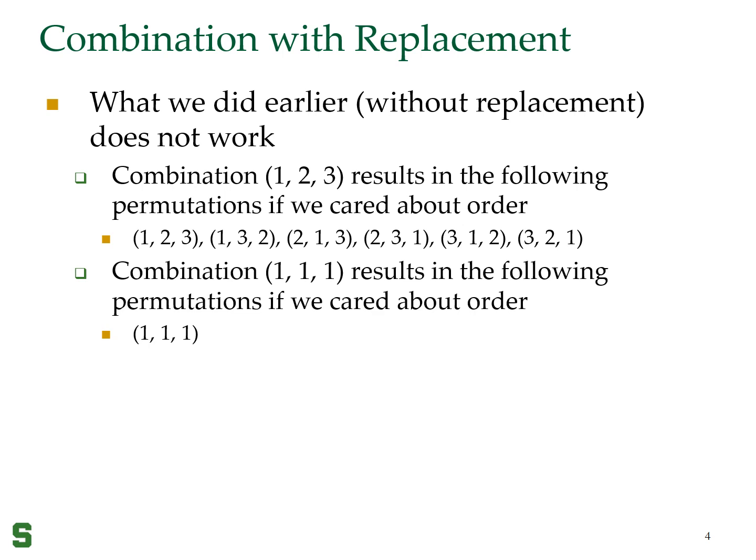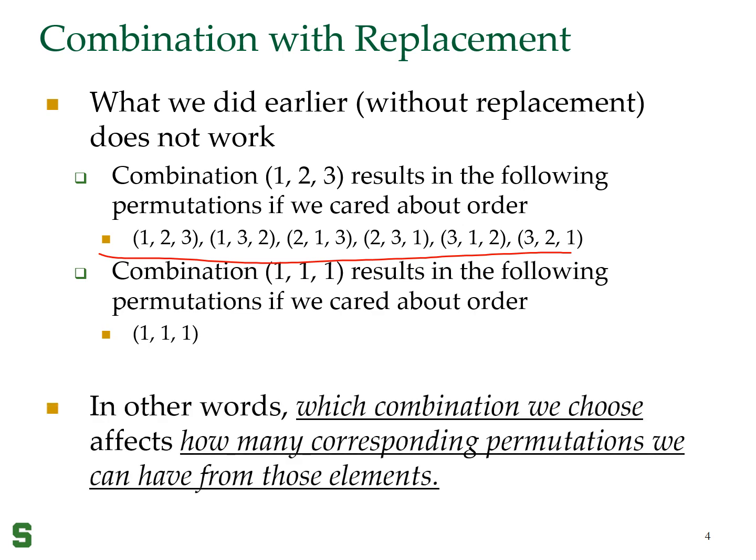If we try to create more permutations like this, they're not going to be different because all 3 elements that I have are basically identical. In other words, which combination we choose is affecting how many permutations we can do.